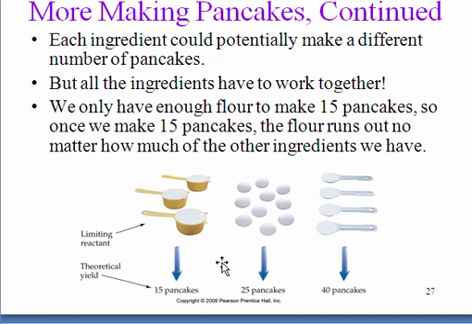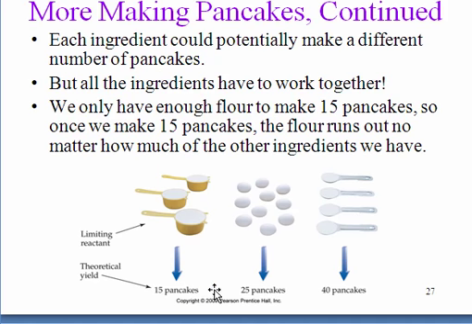So, in chemistry terms, the reactant that runs out first is what's known as the limiting reactant. It limits how much product we can get. And in this case, our limiting reactant will be flour, because after we make 15 pancakes, it runs out, even though I have enough eggs and baking powder to make more.